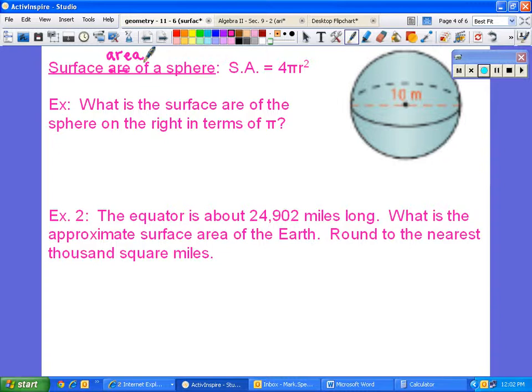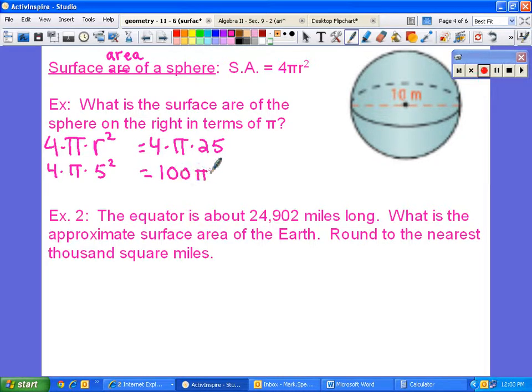So simply put, you find the surface area of the sphere on the right. It's 4 times pi r squared. If my diameter is 10, what's my radius? 5. So I get 4 times pi times 5 squared, which is 4 times pi times 25. 4 times 25 is 100 pi meters squared.